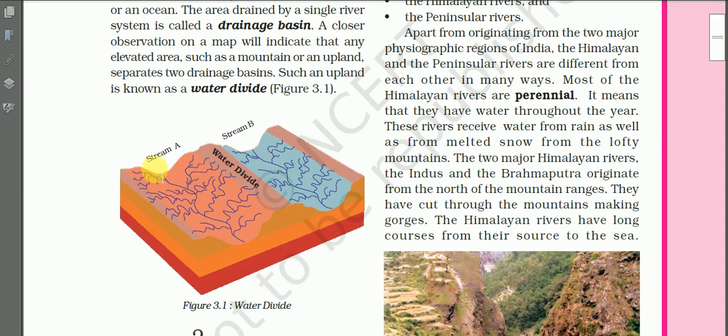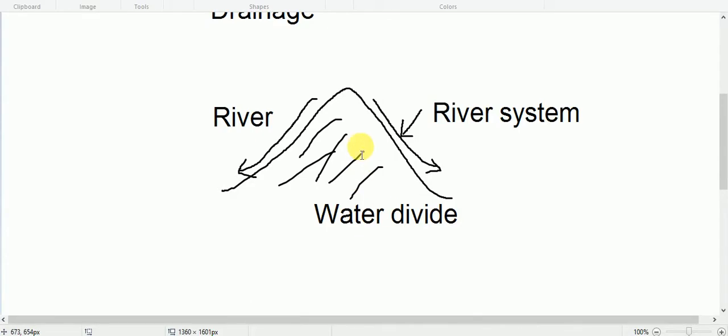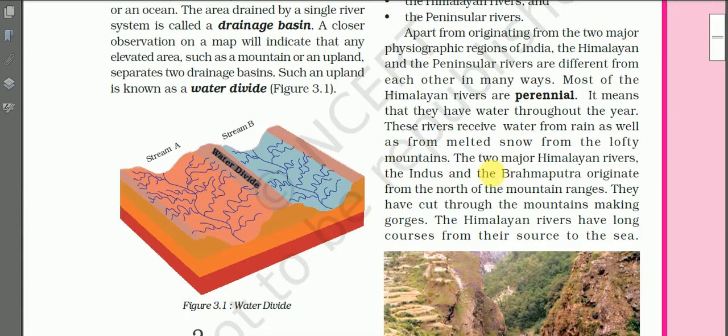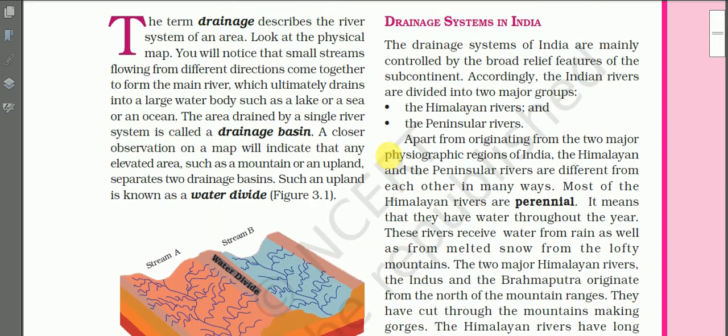On the other side we have stream A. In between these two we have a mountain range, and this mountain range is known as water divide, as I told you. This is the cross section, simply a cross section of the mountain. So these are the three important concepts you have to know about: drainage, drainage basin and water divide.